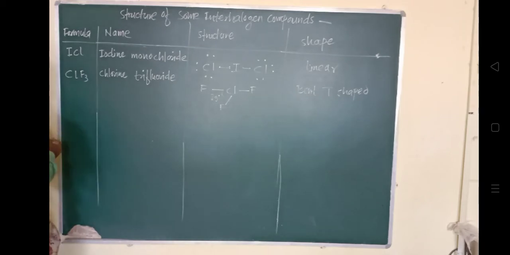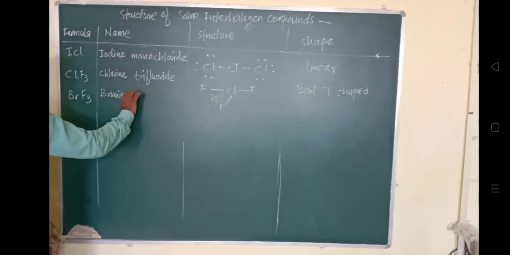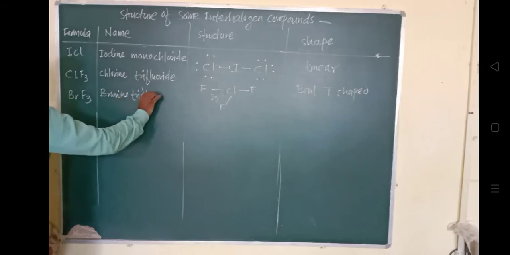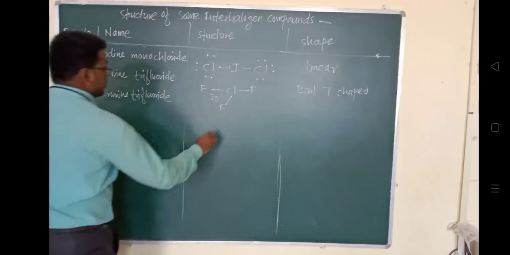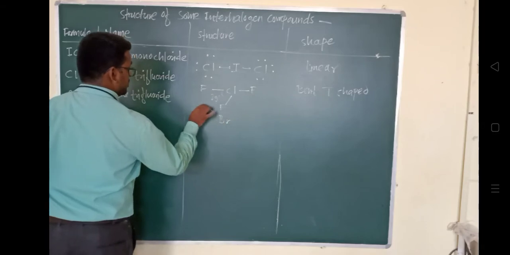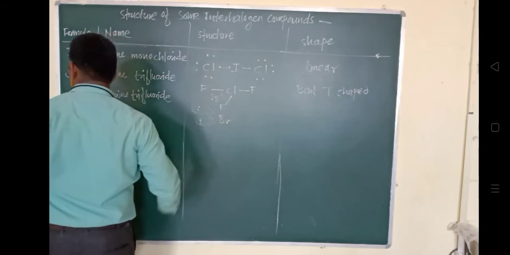Bromine has two lone pairs, two electrons here and two electrons here, and one electron each is shared with a fluorine atom and another fluorine atom. The angle is around 86 degrees, and it also has a bent T-shaped structure. These are the two lone pairs.